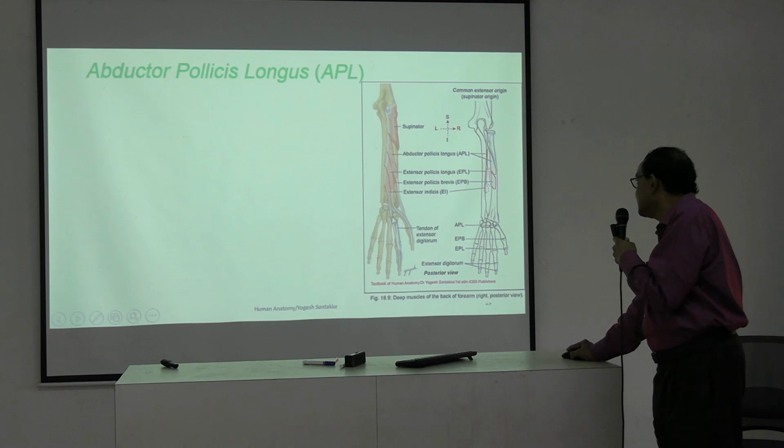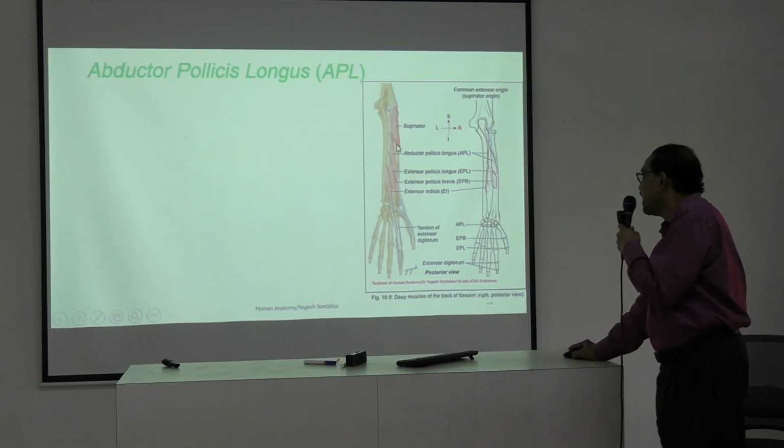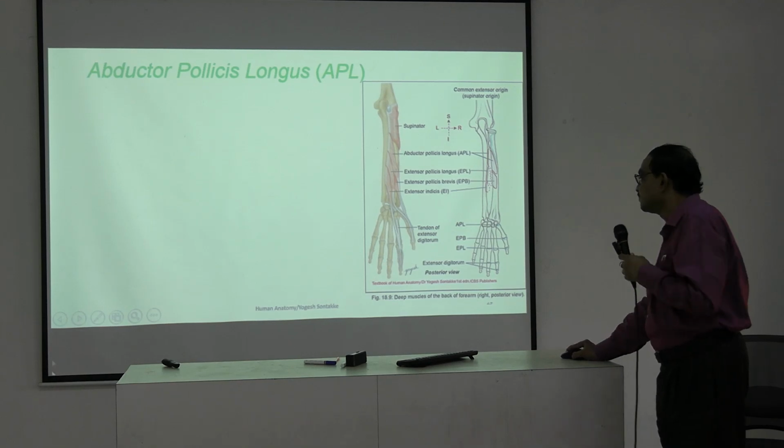Actually this extensor indicis is joining the fibers of the extensor digitorum on its medial side. And the 5th muscle, which is actually present over the upper part of the radius, in between the anterior and posterior diverging lines, this is the supinator.